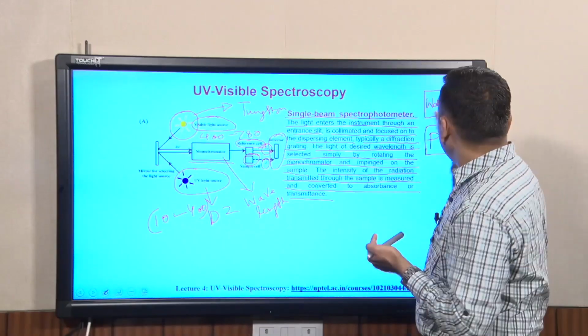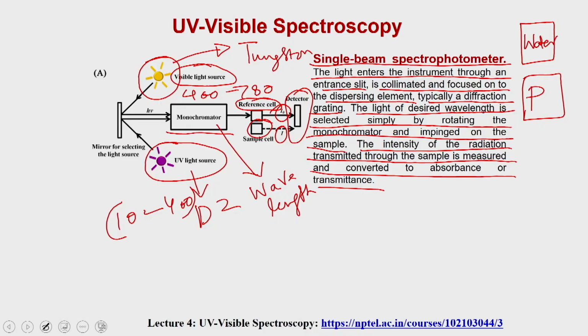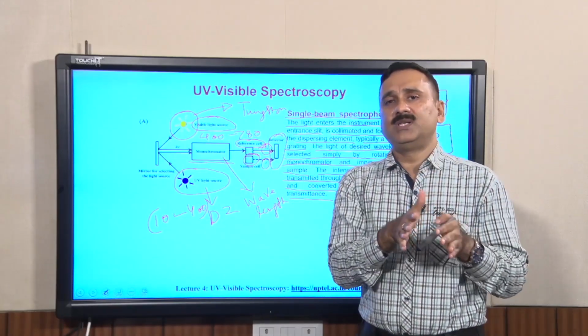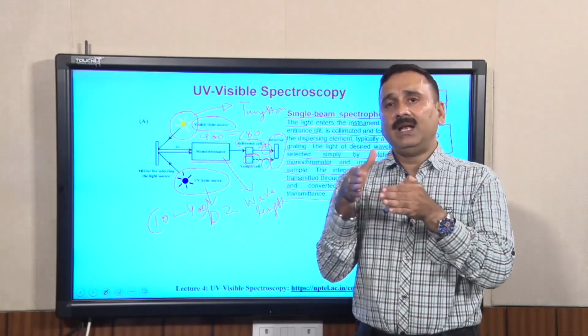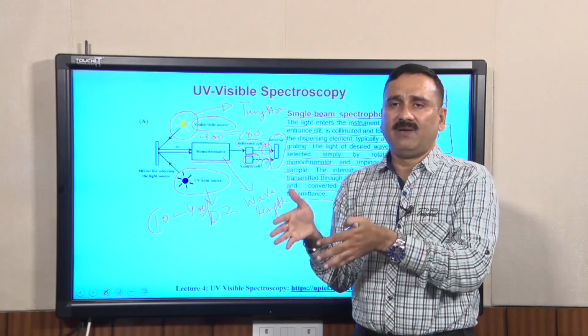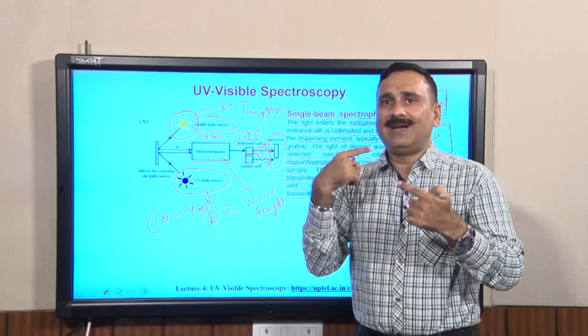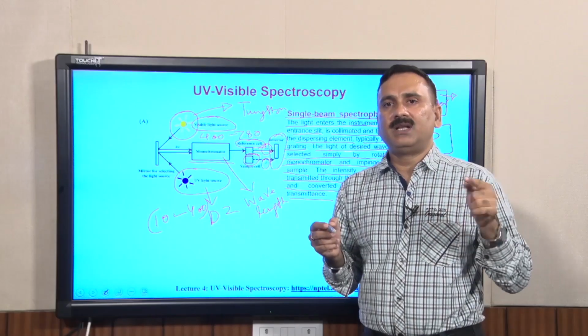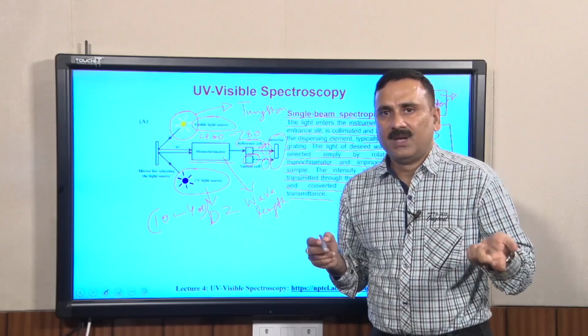But if you have a single beam spectrophotometer, you are first going to measure the water, and then take it out and use your test sample, which is protein. But in between, if there is any fluctuation in the intensity of the light, it is going to give you artifacts, because it will not adjust.